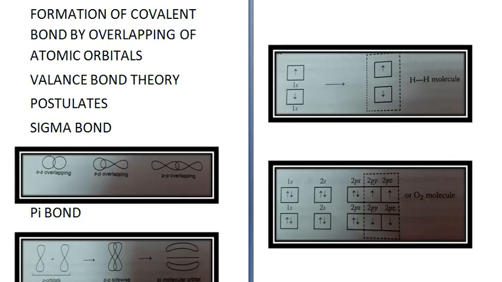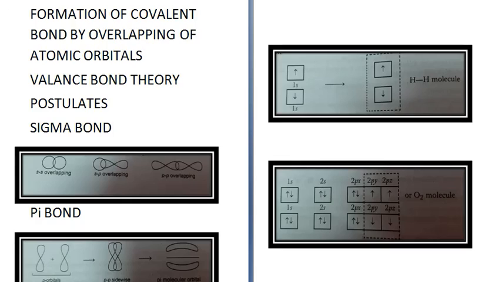Now, covalent bonds are of two types, sigma bond and pi bond. A sigma bond is formed by head-on overlapping of half-filled atomic orbitals along the internuclear axis. It may involve s-s, s-p or p-p overlapping.